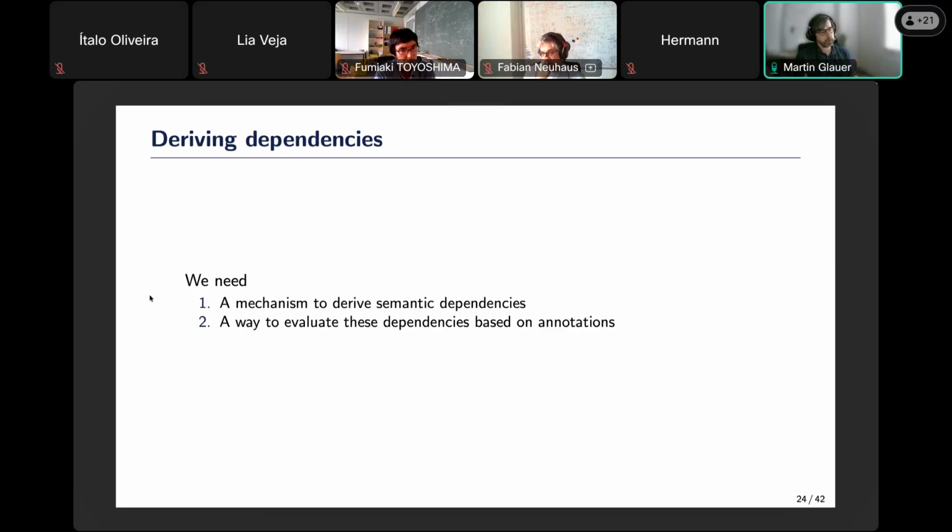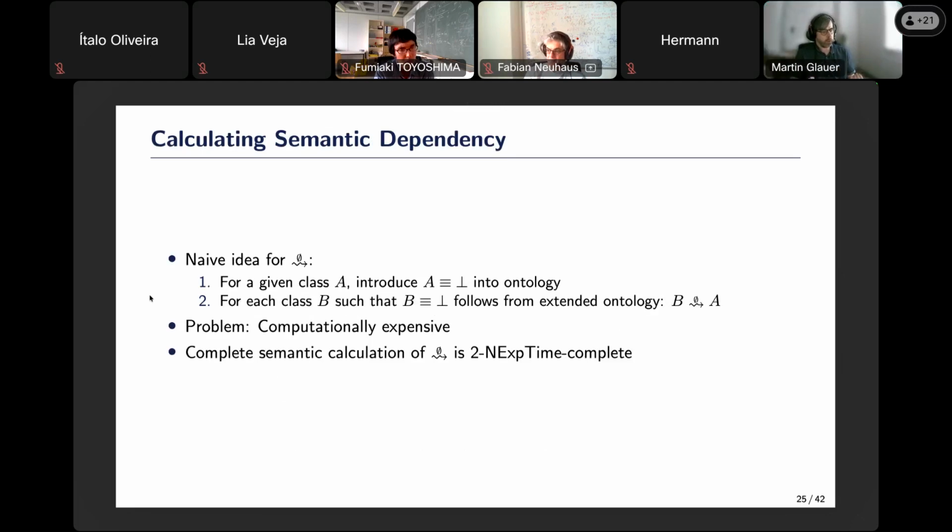And we need a mechanism first to derive semantic dependencies, and second, a way to evaluate them based on the annotations from our ontology. And next slide, we have already seen that these dependencies have semantic definitions.